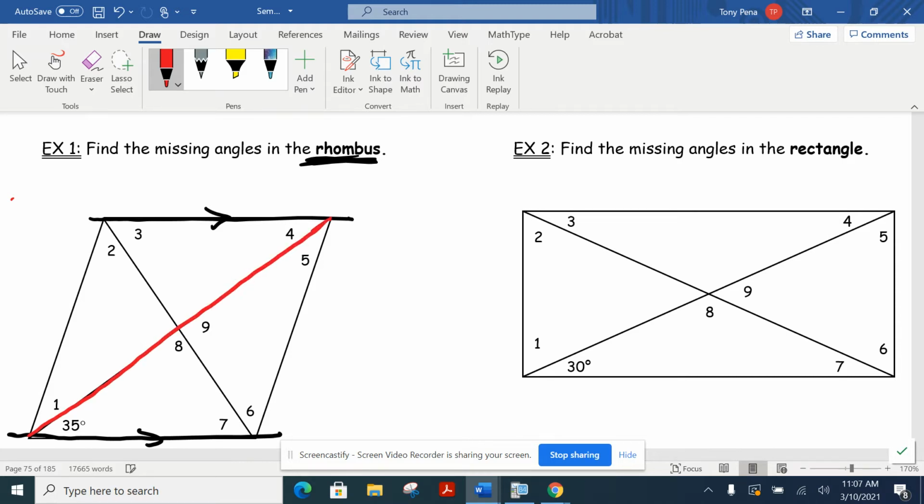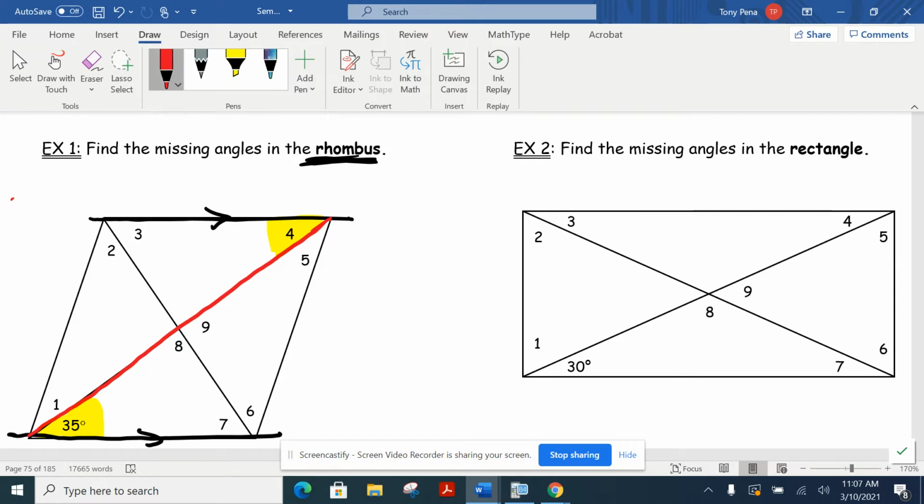transversals drawn in, but we have more than one transversal, we're not necessarily seeing that this angle here is an alternate interior angle to this angle here. They're both inside of the parallel lines, and they're on opposite sides of that transversal.